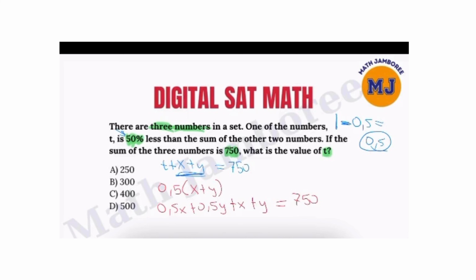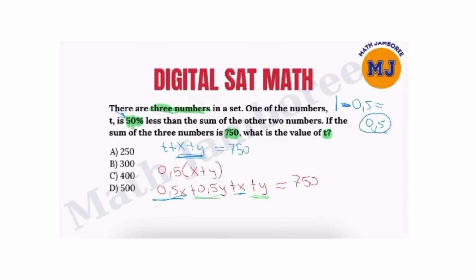Now we put these together. This will give us 1.5x plus 1.5y equals 750. And then we will put parentheses up again.